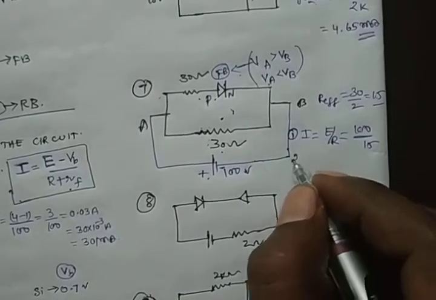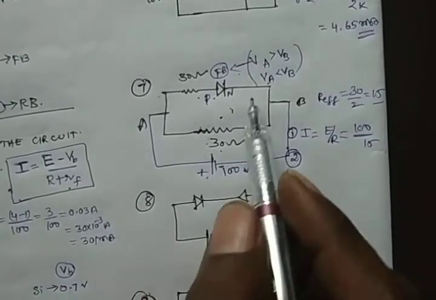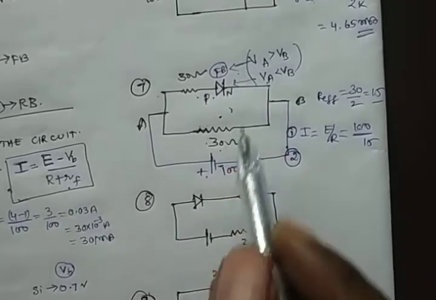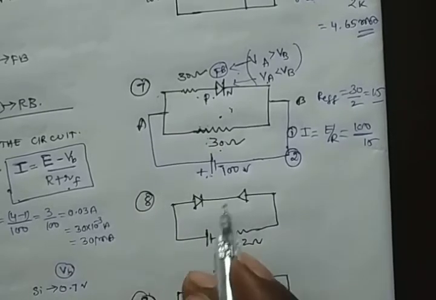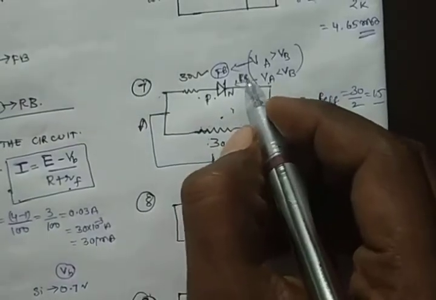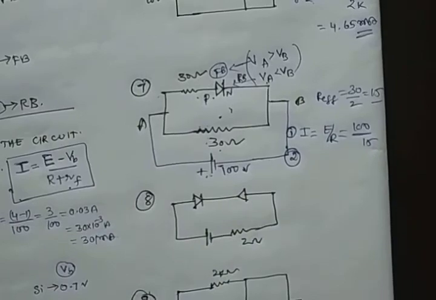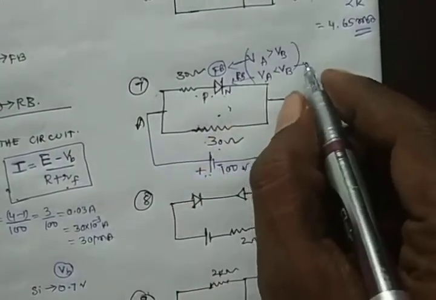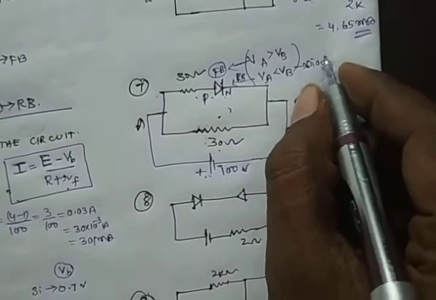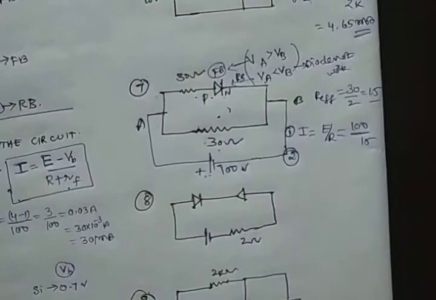In the second case, what is given? VA less than VB. VA less than VB means the diode symbol will be reversed. Then this diode will be in reverse bias. In reverse bias, the diode does not work.